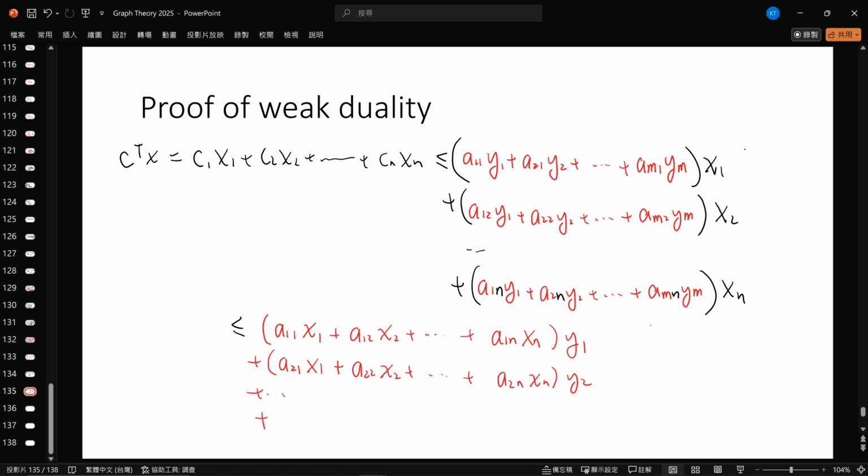That's all the terms related to y2. Finally, let's consider ym. Sorry, this should be equal, because we just rearrange these terms.